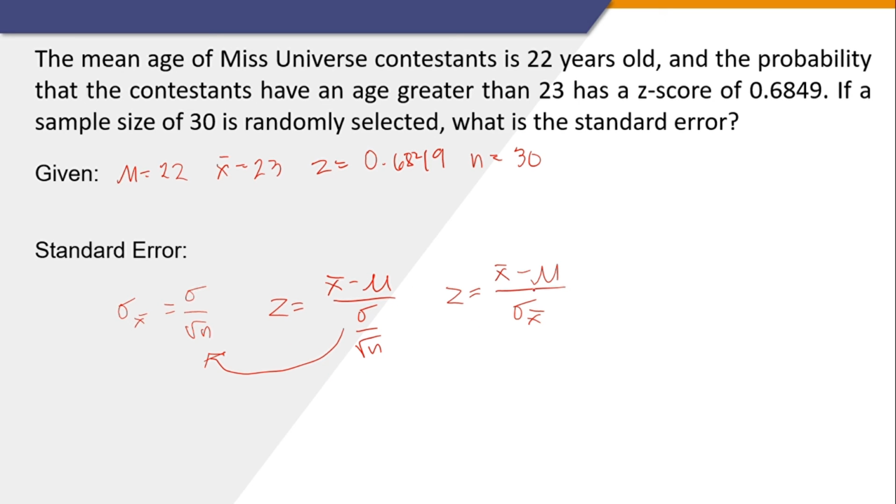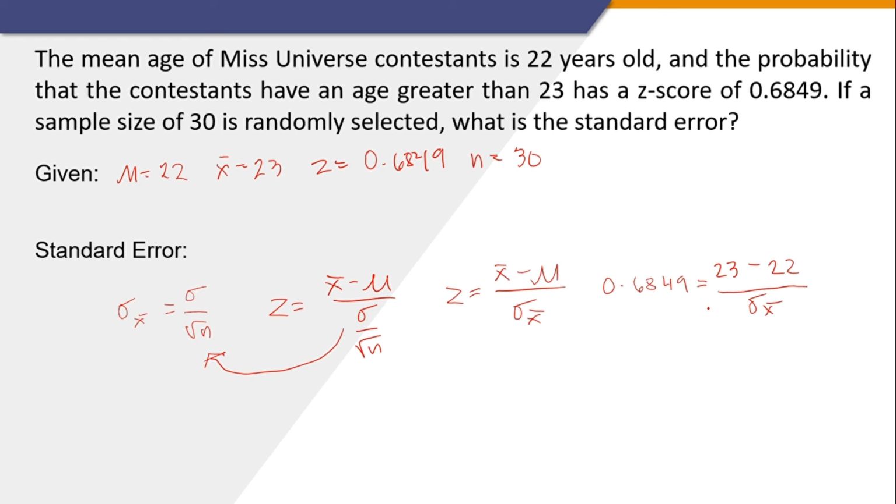So, dito sa formula na to, let's proceed to substitution. So, yung z-score natin is equal to 0.6849, equals yung sample mean natin, which is 23, minus yung population mean natin na 22, divided by yung standard error. So, ito yung hahanapin natin.